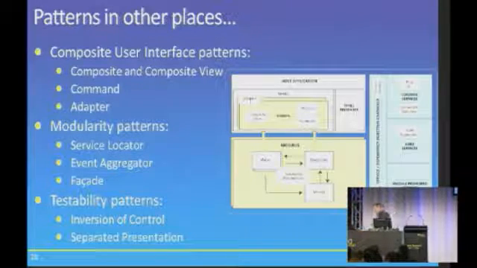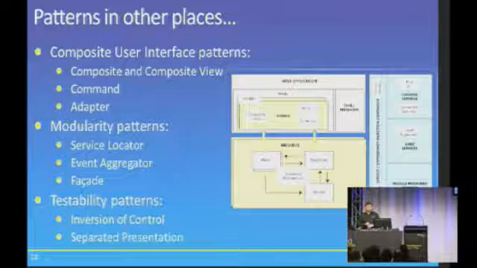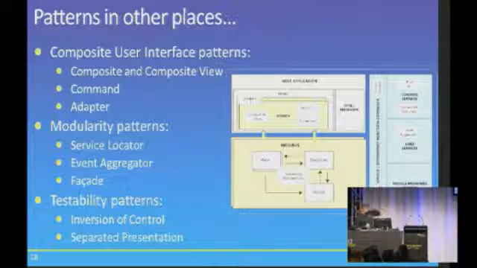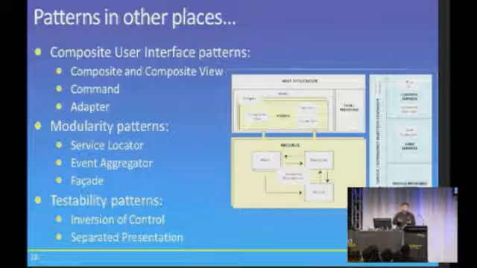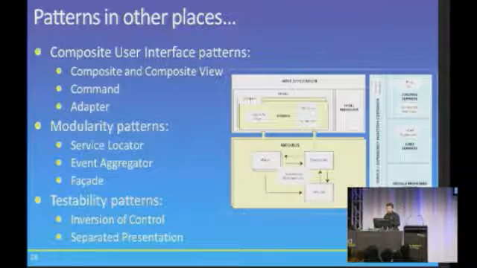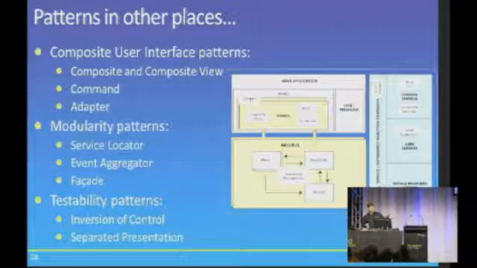So for example, if you're building your portal, you would use something like Prism to do an MVVM style portal, and you'd use other patterns inside Prism, like the Unity application block for providing services. So this is a kind of a service locator pattern, aggregation of events, a command pattern, and so on.